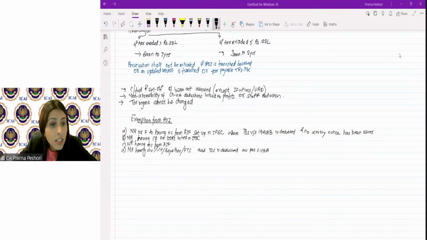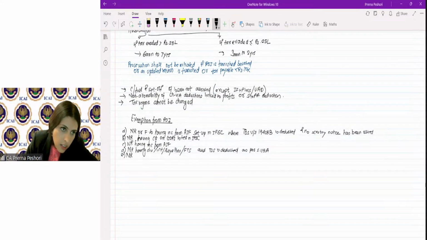A non-resident, if his total income consists of the capital gain arising on the ADRs or GDRs, and if the TDS has duly been deducted, then in that particular case, he is not required to furnish the return of income.